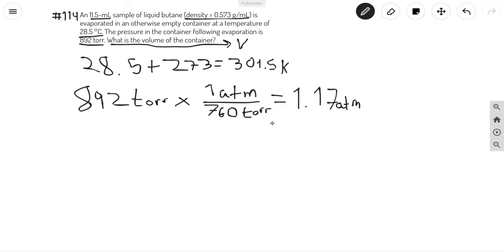Now, from here, what you want to do is find out the molar mass of liquid butane. So the formula for liquid butane is C4H10.